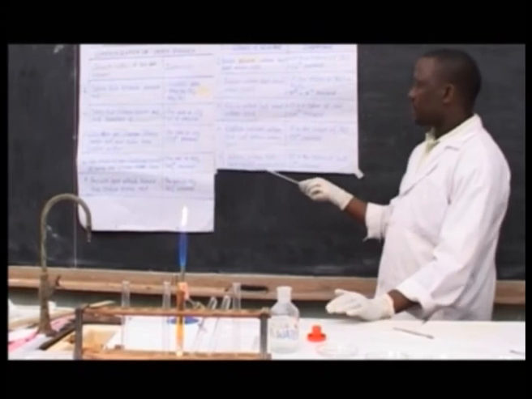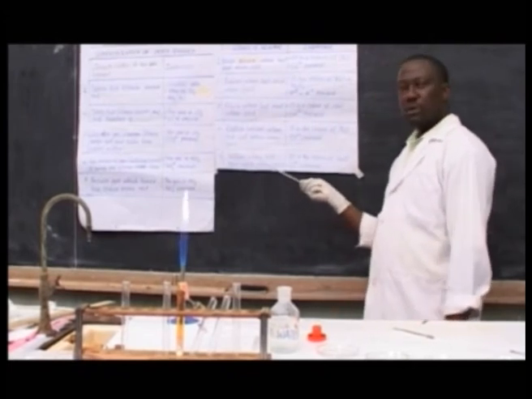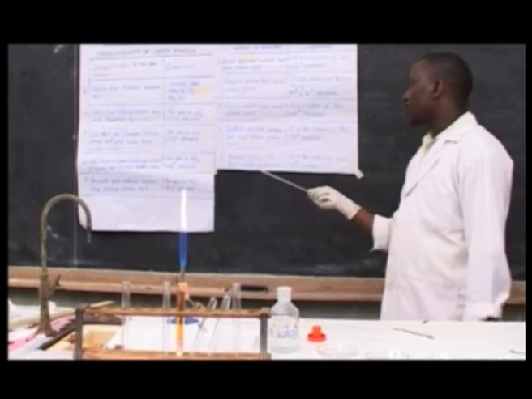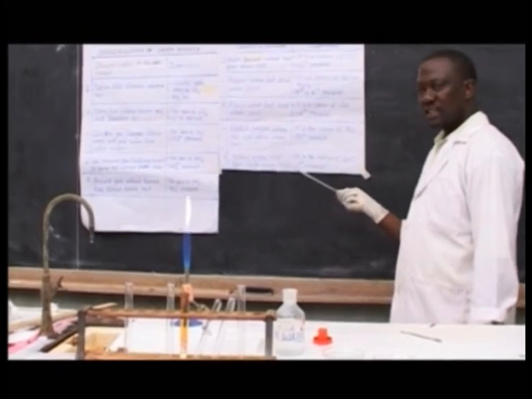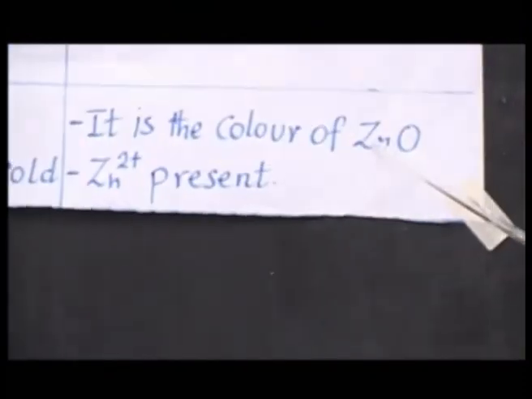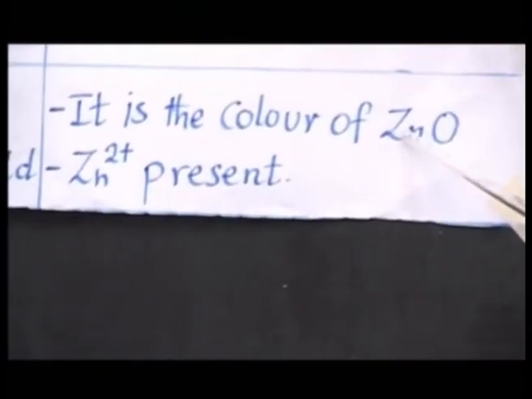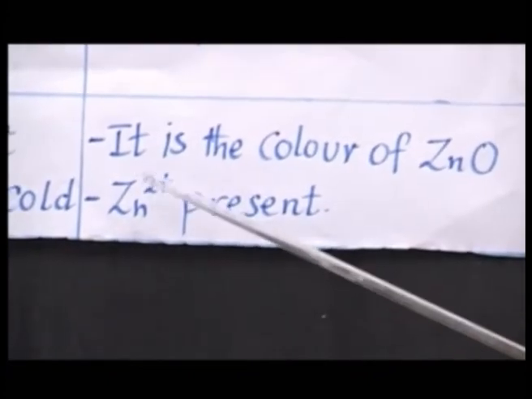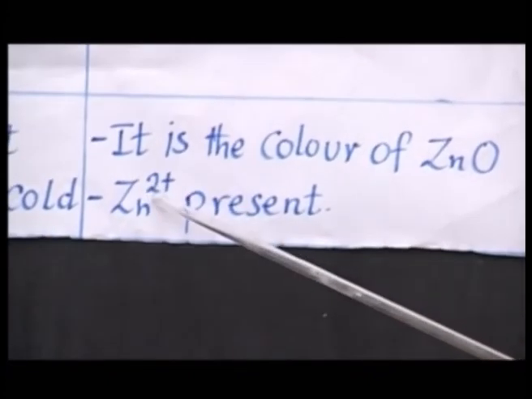The color of the residue was yellow when hot and white when cold. That color is the color of zinc oxide, and it suggests that zinc 2 ion is present in the salt.